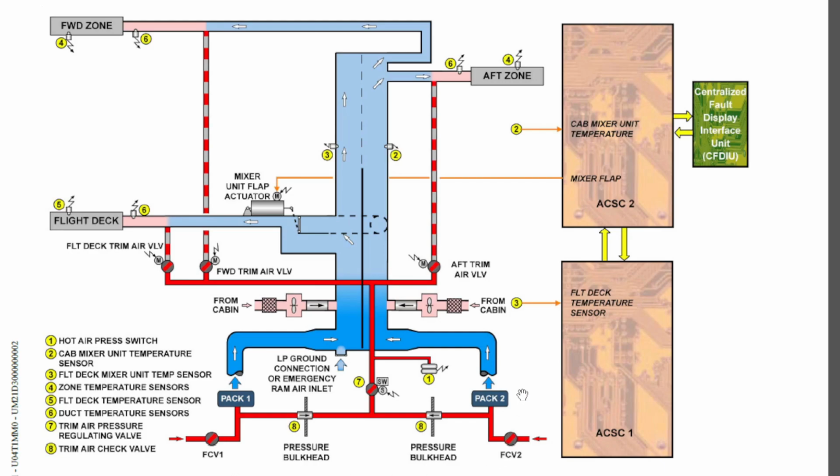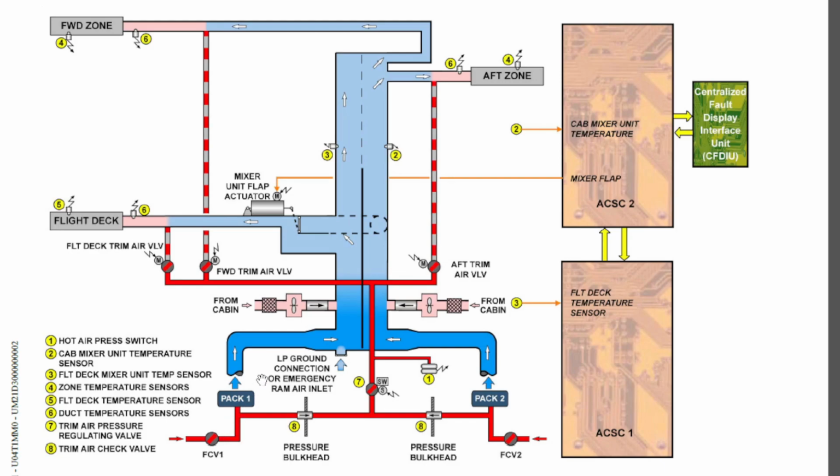From flow control valve 1 it goes to pack 1, and from flow control valve 2 it goes to pack 2. We discussed this part last time, and I told you that after the flow control valve, the airflow gets divided into two parts.